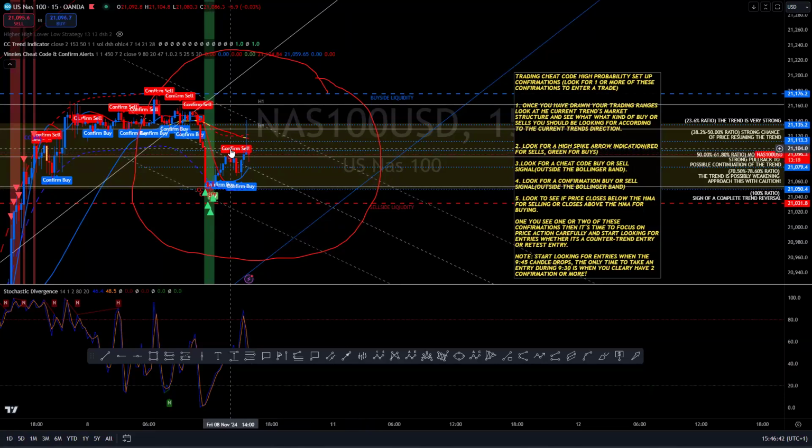I think it's rejecting between 50 and 60%, so both ratios in there as well.